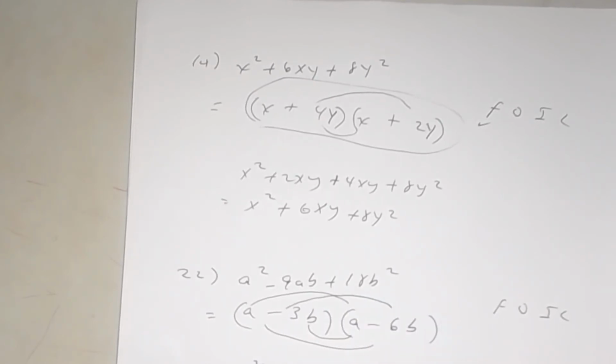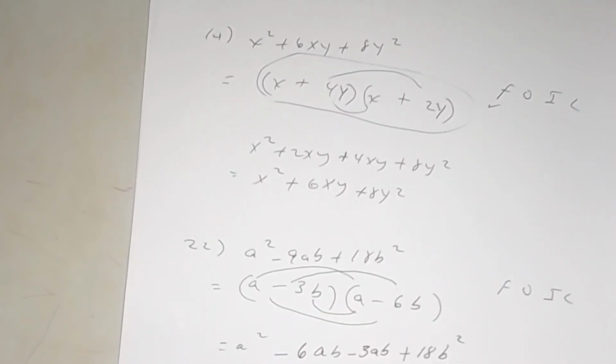And the last, positive. 3 times 6 is 18, and b times b is b squared. When I combine like terms, what do I get? a squared minus 9ab plus 18b squared. Is that what you wanted?